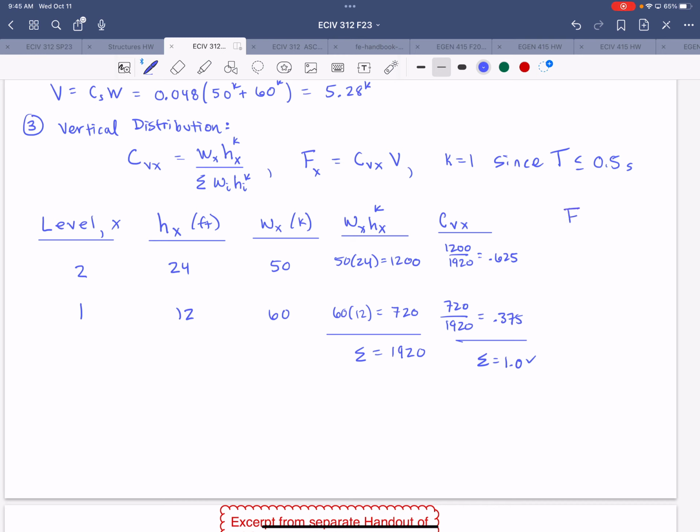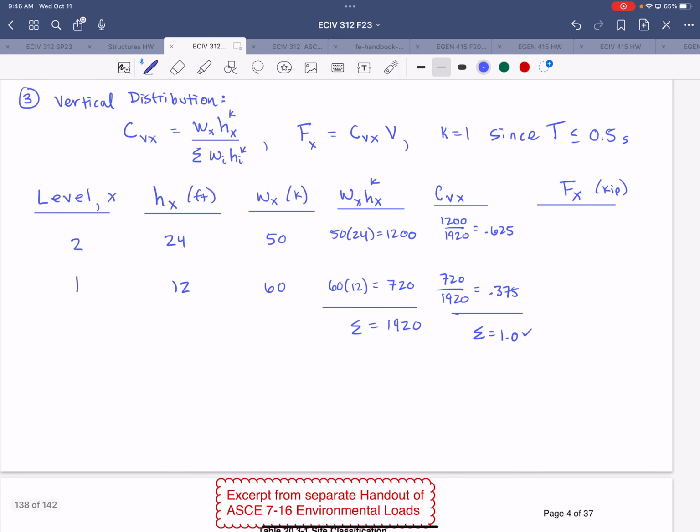And then our force, the equivalent lateral force in kips, we just take our CVX, 0.625, times WX, the weight associated with that level. Or sorry, no, that is incorrect. What did I mess up? What should it be?